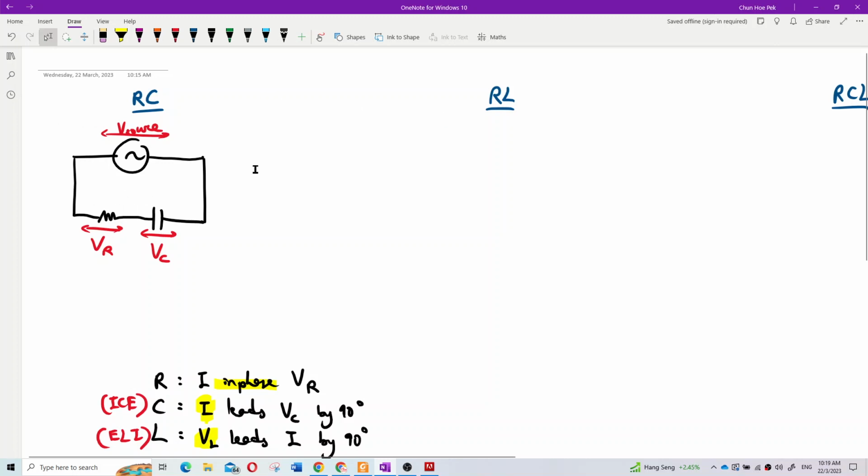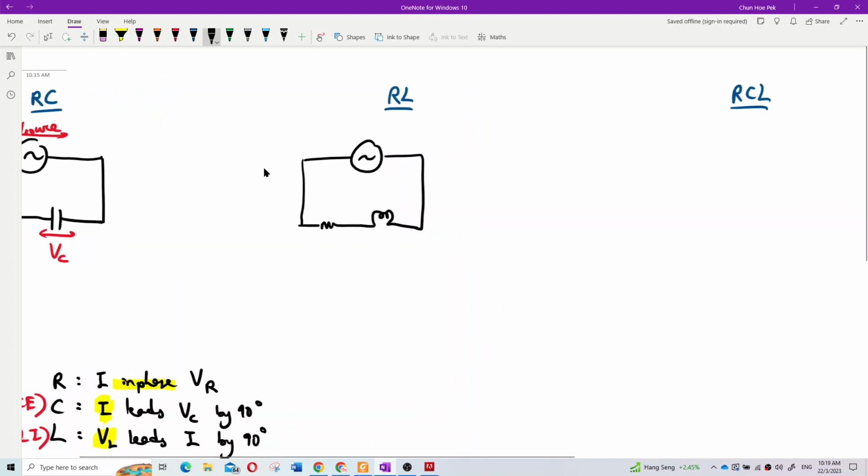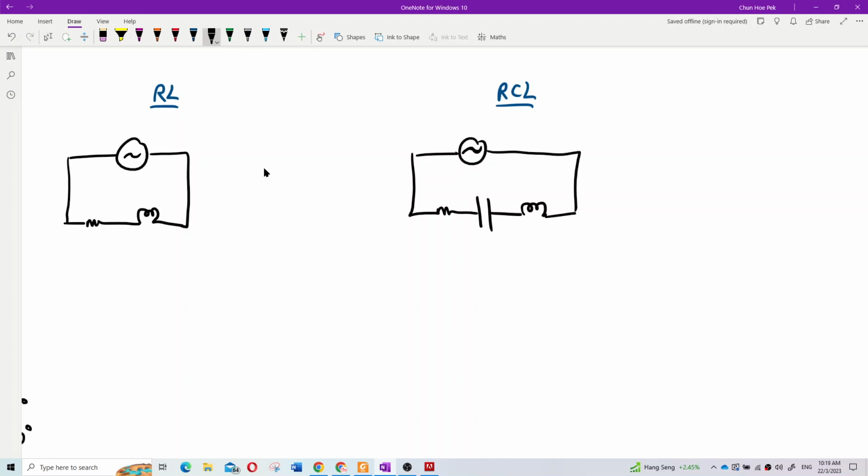Let me draw all the circuits first. So this one we have resistor, inductor. Then for RCL it is the resistor, capacitor, inductor, all in series.